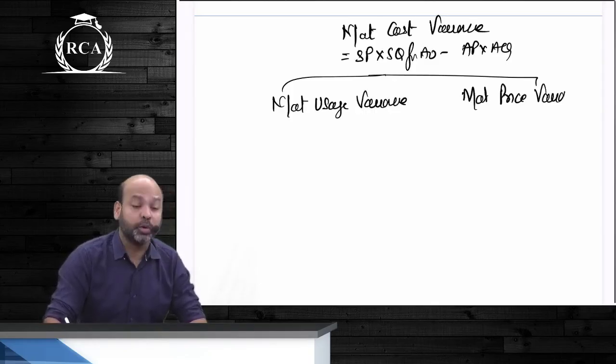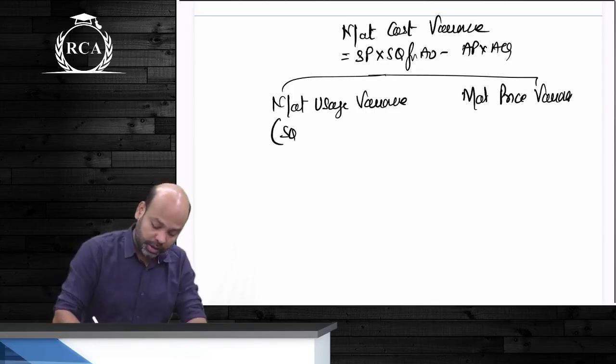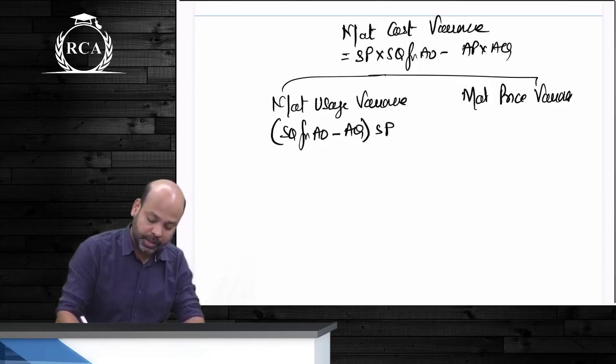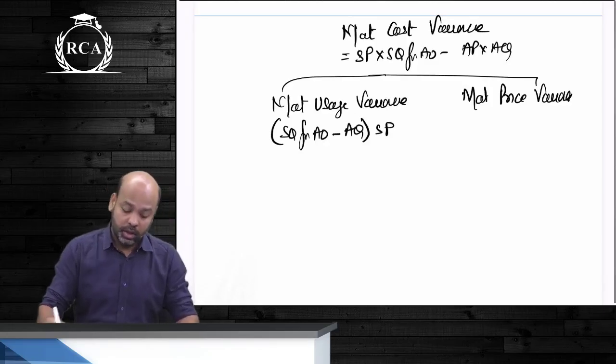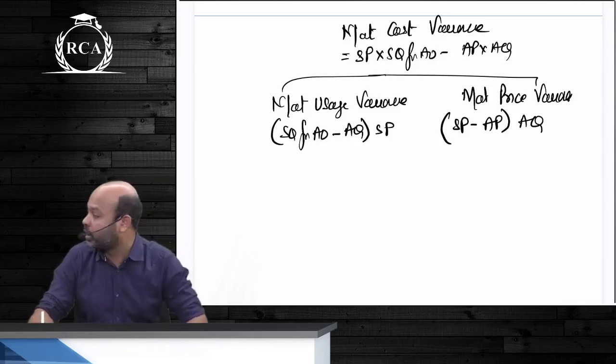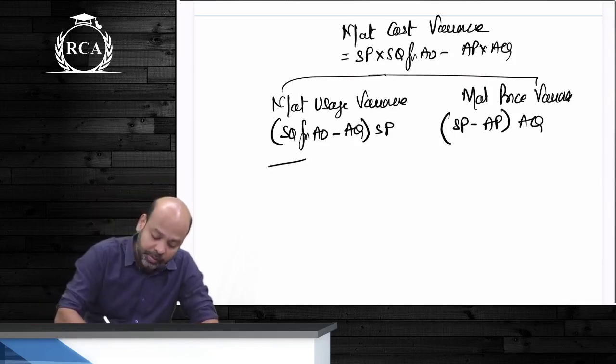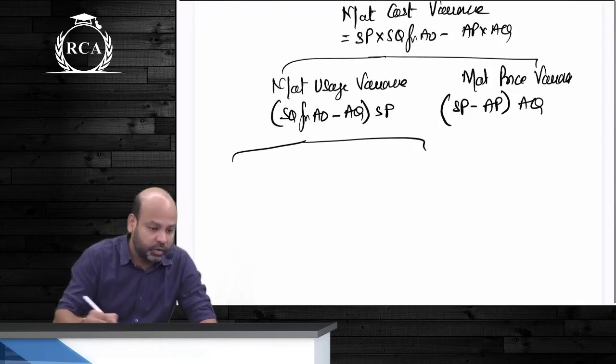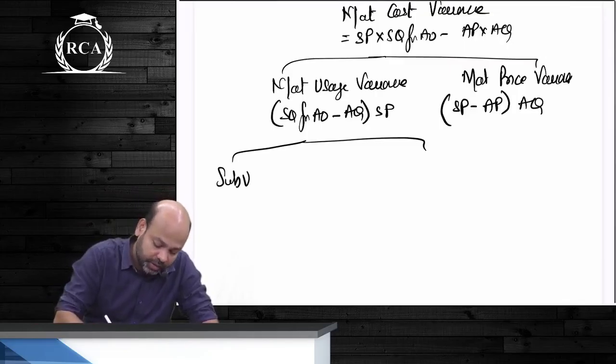Usage variance compute करने के लिए it is standard quantity for actual output minus actual quantity multiplied by standard price. Material price variance would be standard price minus actual price multiplied by actual quantity. We will now be segregating usage variance into two further parts called sub-usage variance and mix variance.